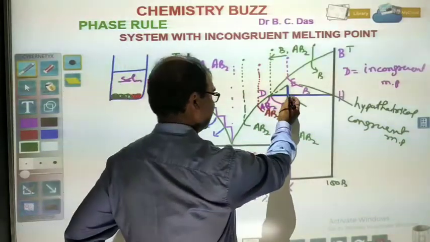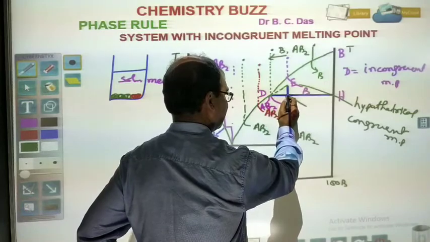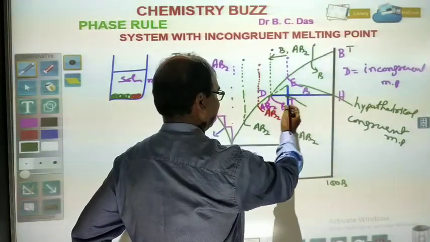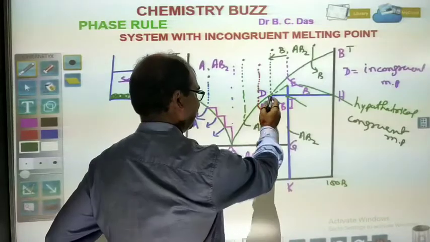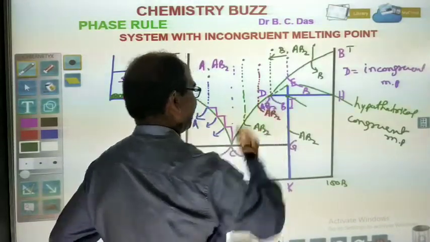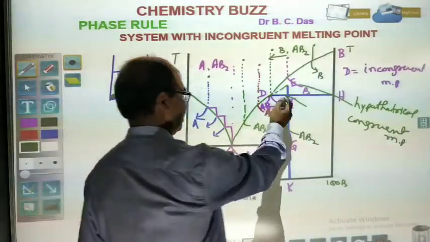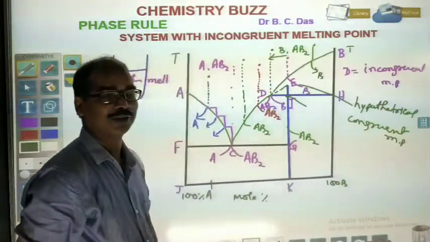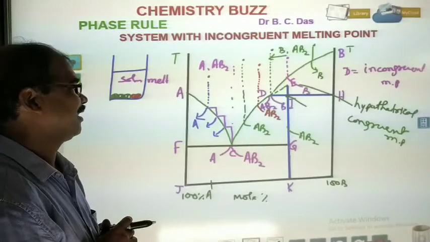If this point is reached, you will get the solid B and AB2. At point D, you are also getting AB2 and B, but this is not called a eutectic point.